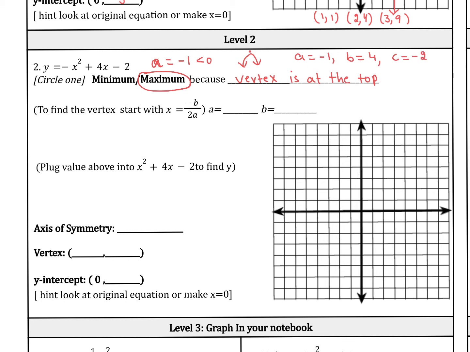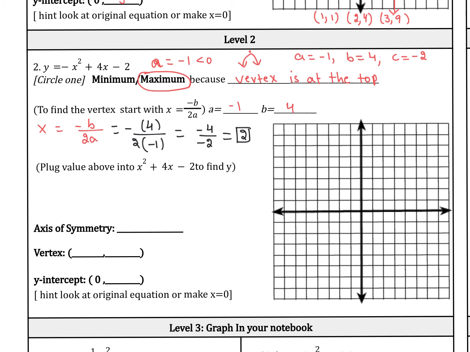The formula is x equals negative b over 2a, and you put brackets around every number that you plug in. So here b is 4 and a is negative 1. You're going to get negative 4 over negative 2, and that's going to be 2.